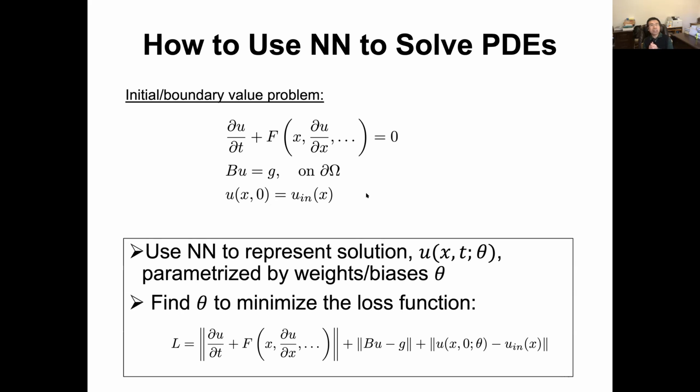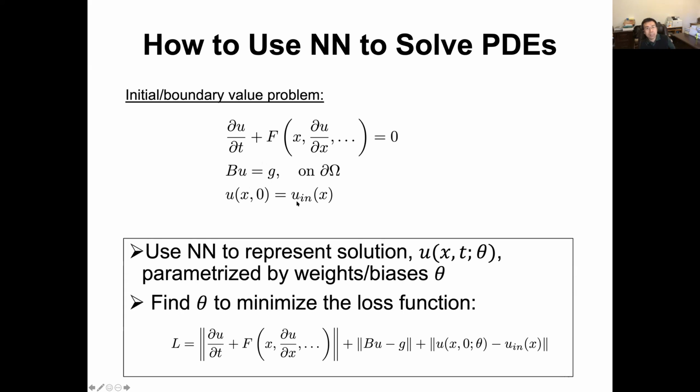Now, exactly satisfying these conditions and the equation is very hard, so we'll try to relax the requirement a little bit. We will try to find the parameter theta such that the errors of the equation in some norm, the errors of the boundary condition in some norm, and the errors of the initial condition in some norm will be minimized.